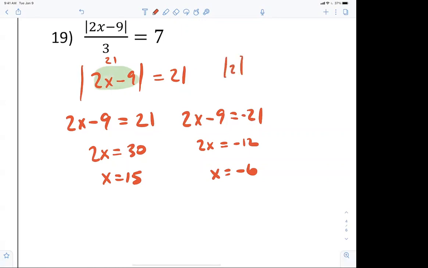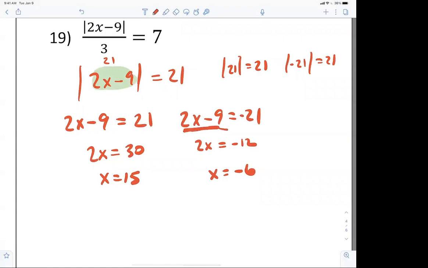Does the absolute value of 21 equal 21? Yeah. Does the absolute value of negative 21 equal 21? Yeah. That's why this equation can equal negative 21, or the equation can equal positive 21. Because when I take the absolute value of it, it will become 21.